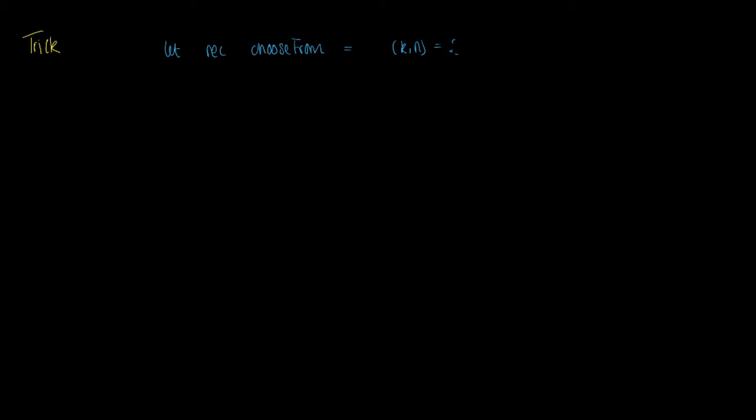The first thing you do is remove the rec from your function and change the name to something like choose_no_rec. The second thing you do is add an extra argument called recurse_on. Then you replace every place in the body where you were recursing using choose_from with recurse_on.